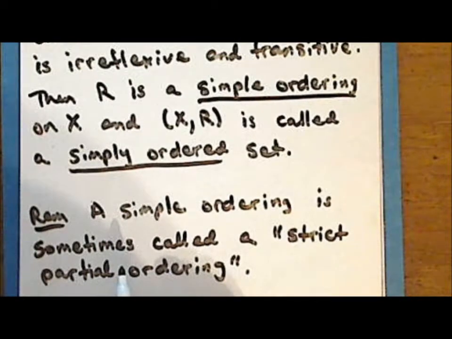Now I will not be following this naming convention, since for a simply ordered set the relation is irreflexive, while for a partially ordered set the relation is reflexive, and these are mutually exclusive properties. I also believe that it is more beneficial and more convenient to have a separate term for a separate structure.